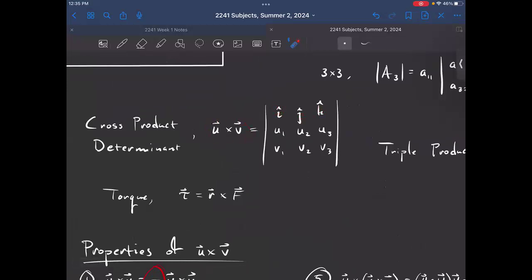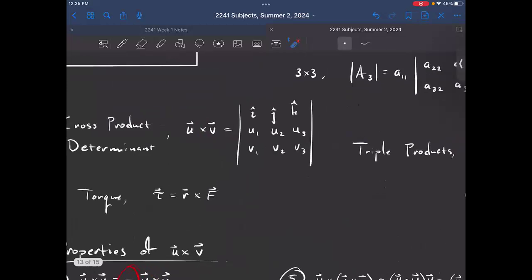You look at the cross product of U cross V, and that can be computed symbolically as the determinant of this matrix, where you write U and then V in the second and third rows, and then you write your basis vectors up here in the first row. And so now, when you write this out, you have I, cross off that column, that row, times the determinant of this little guy.